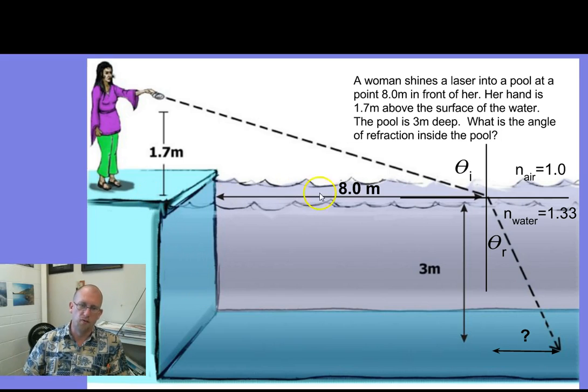So we have a right triangle here, 1.7 meters and 8 meters, and I need to know theta I, which is not this, it's the complement of that, right? So I first need a little trigonometry to figure out this angle, and then I can figure out that angle.